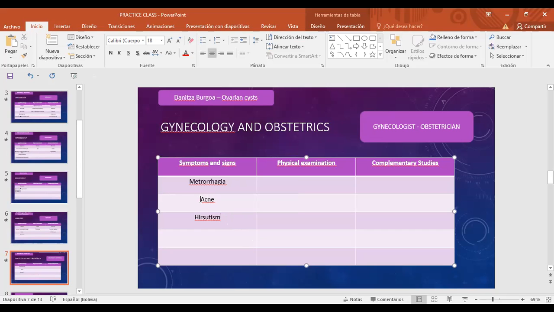So both acne and hirsutism are related because there's a lot of testosterone in the bloodstream. Acne and hirsutism are related to high testosterone levels instead of estradiol, right, which is an estrogen. Could you tell me the three main estrogens a woman has all along her life?